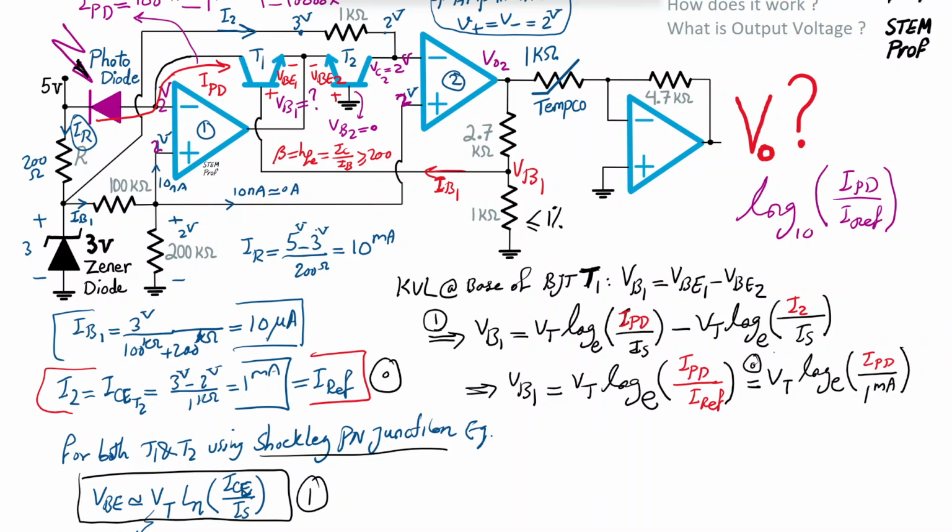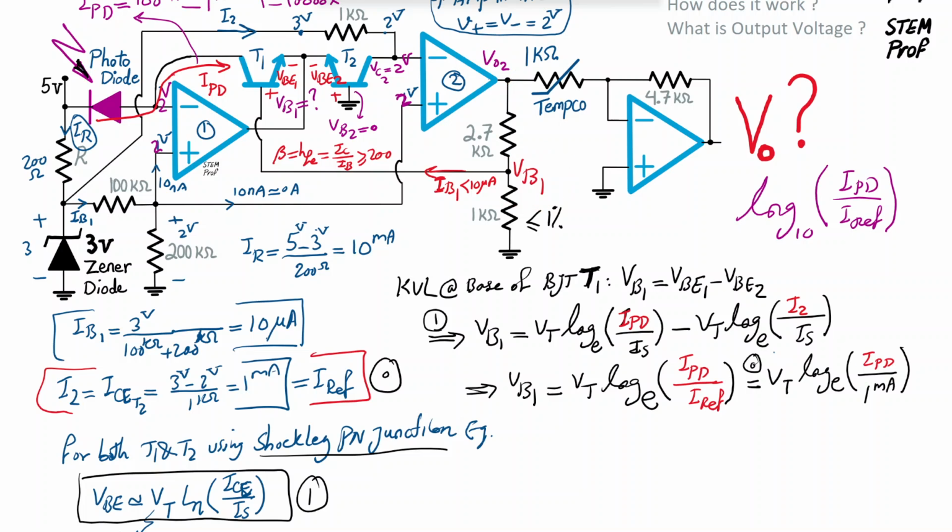So if we have on the order of milliamp current going through their collectors, then the base current would be on the order of 10 microamp or less, say 5 microamp. That's a very small current, and that's why we can neglect it and assume that the 2.7 and 1 kilo ohm resistors are effectively in series. So it's just a scale up from VB1 to Vout2.